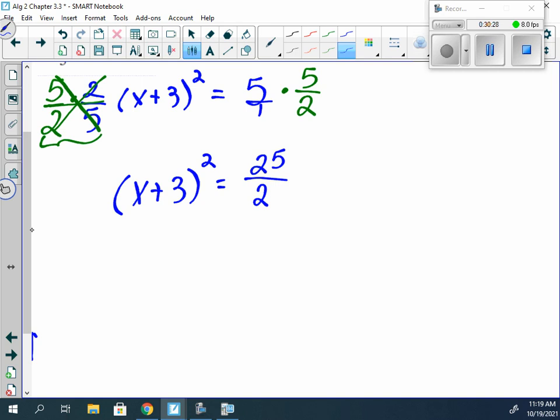So is the set of parentheses by itself? Well, yeah, there's nothing else with it, correct? So if I take the square root of both sides, the square root and square will cancel out because the square root of a number being squared simplifies, leaving us with x plus 3 is equal to plus or minus the square root of 25 over 2.